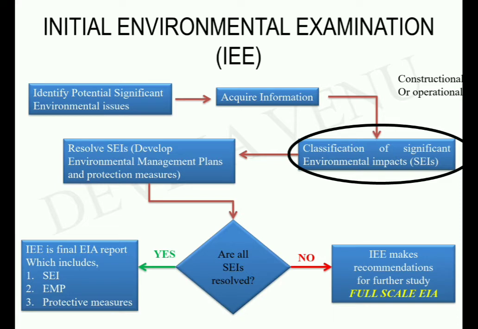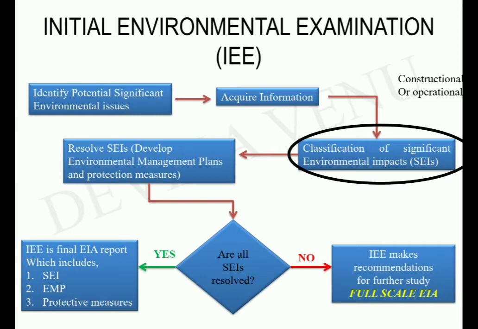So it happens only during the constructional phase. Okay, so you are classifying all these significant environmental impacts under various categories. Maybe you are classifying under the soil category, and inside the soil category again you are classifying as construction and operational phase, like that. Okay, I hope you have understood the classification part.